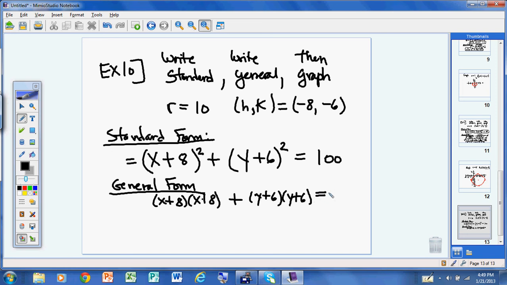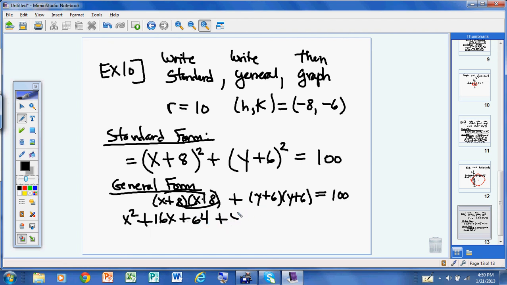And that equals 100. Okay, so this is going to give you x squared, outside times outside, inside times inside, is going to be plus 16x. Last times last is plus 64.